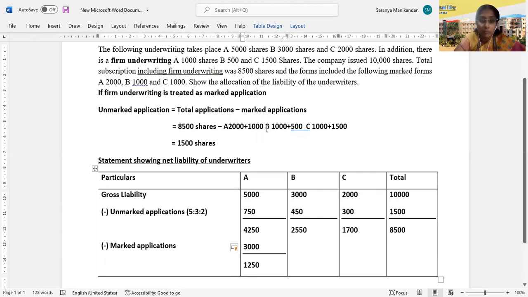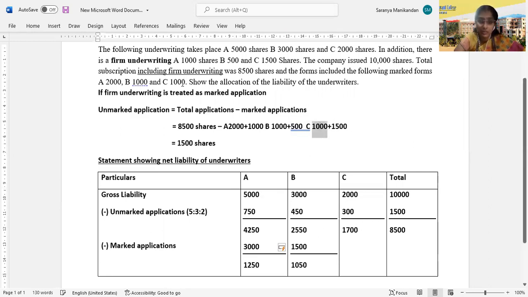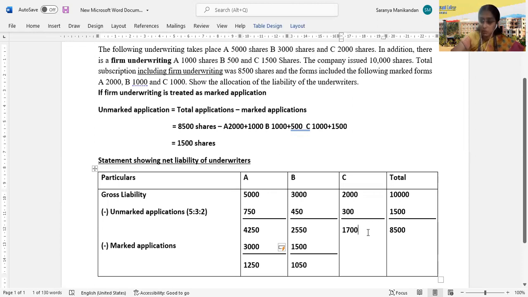And for B, marked application is given as 1,000 plus firm underwriting for B of 500, so 1,500. So the balance is 1,050. And for C, 1,000 is given as marked application plus firm underwriting of 1,500, so it is 2,500. So the balance is minus 800.